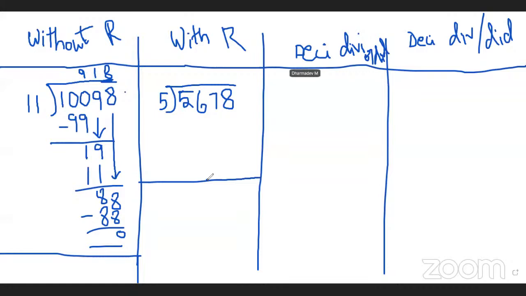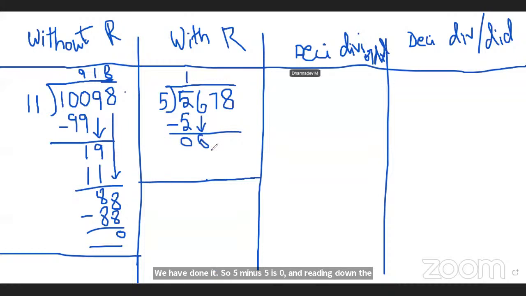That's okay. Fine. So I think most of you have done. We'll go quickly. 5 ones are 5. Yes. The first number itself is divisible in the table of 5. So 5 minus 5 is 0. And bringing down the 6, that is again 1 time. Minus 5. 6 minus 5 is 1.